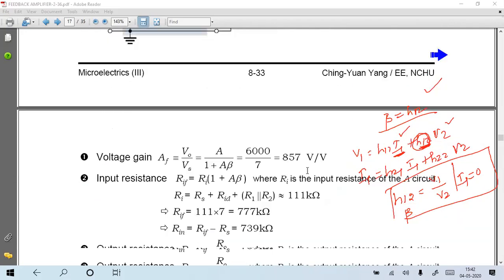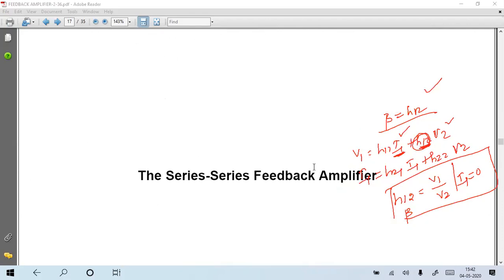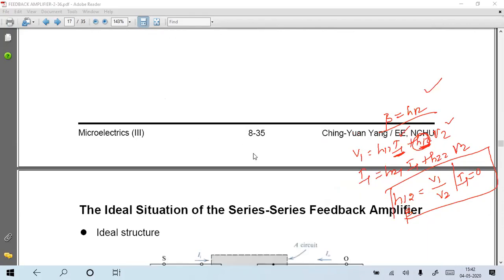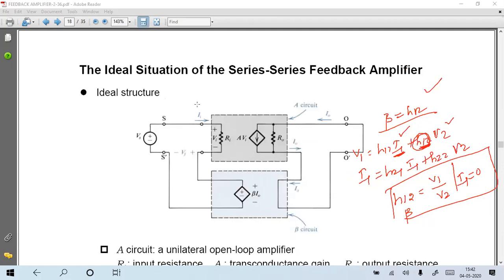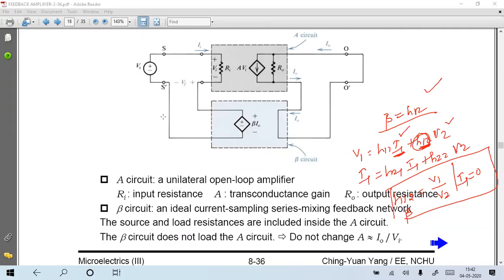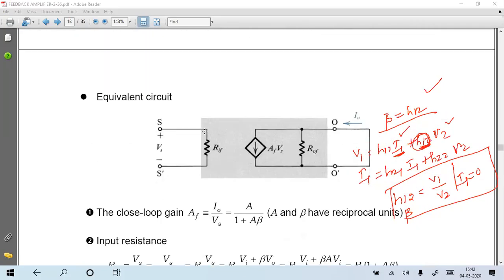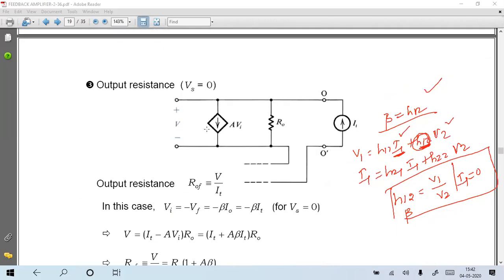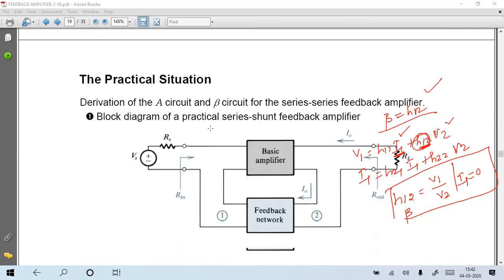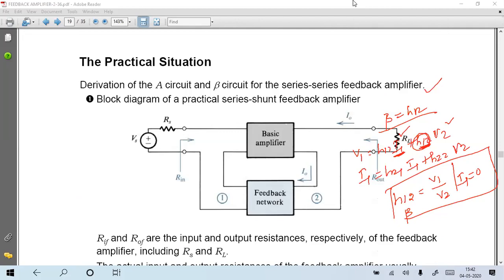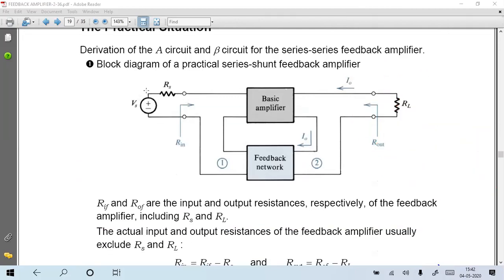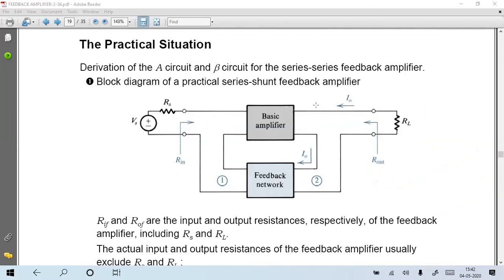Now we have discussed series shunt. Next is the series feedback network, where we compare the feedback network with the two-port network. We'll consider the practical situation. Now both are in series: the mixing side is series and the sampling side is also series.